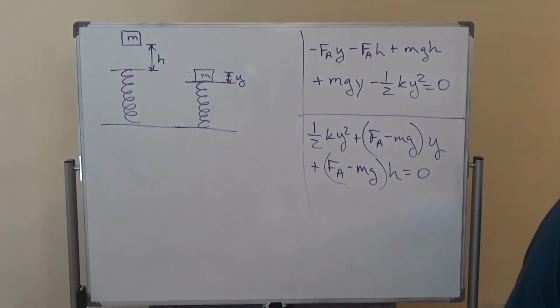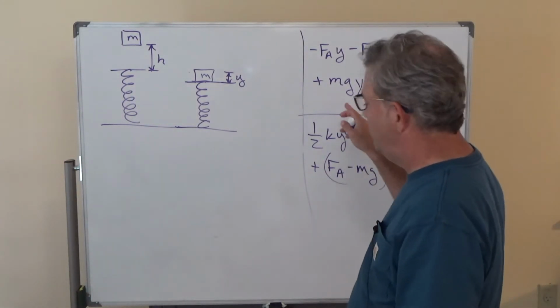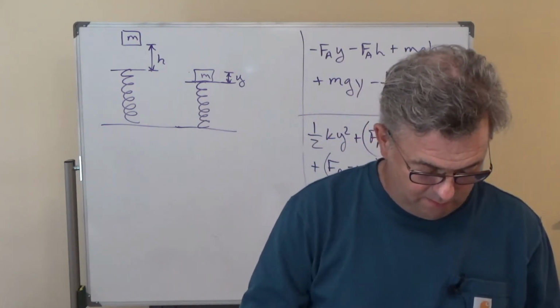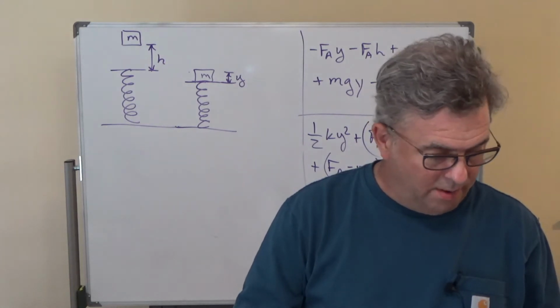Then for part C, it's just a repeat of part A, except that now g is equal to 1.6. That's easy. You got part A, right?